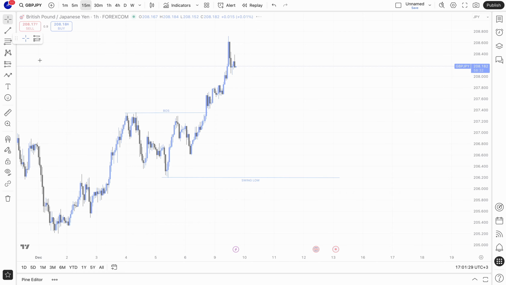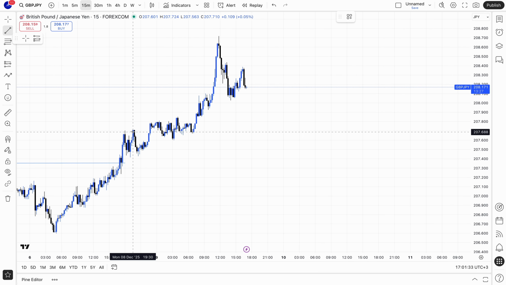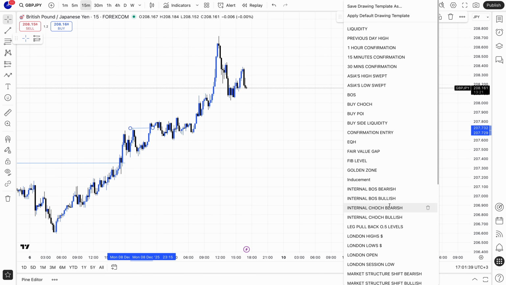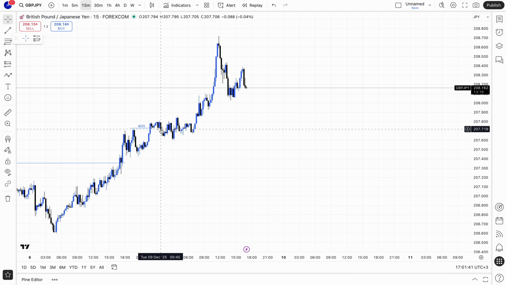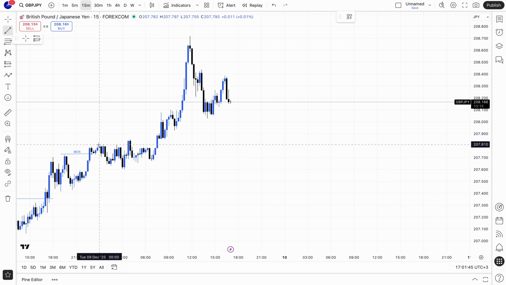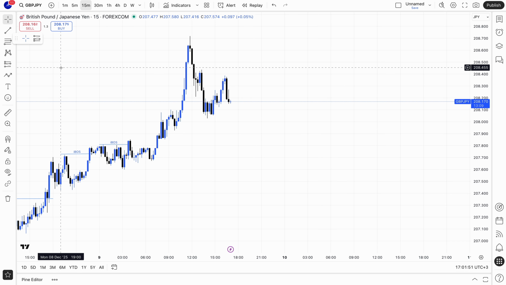Then clearly you can see we have this first push to the downside, and that means this is a break of structure to the upside, but it's internal structure. And we have our break of structure to the upside. It is internal structure.